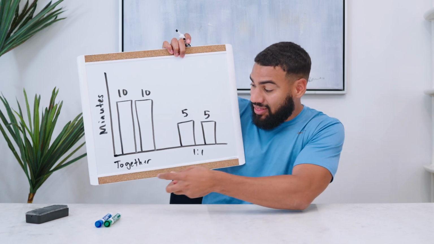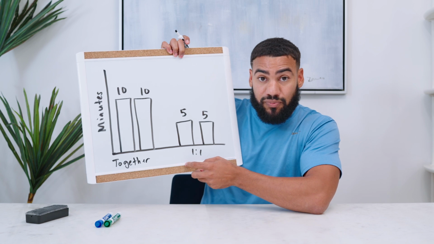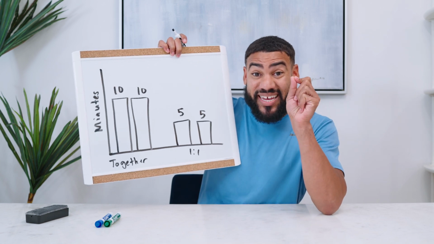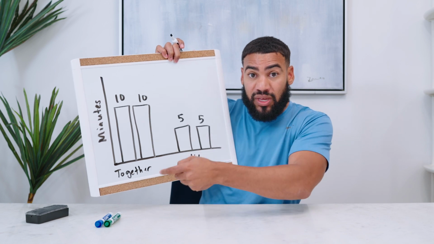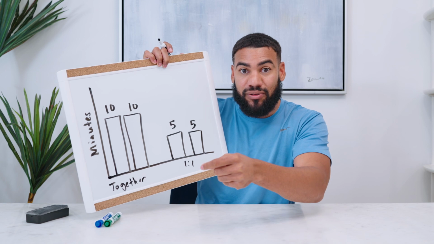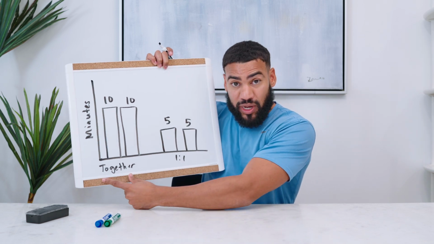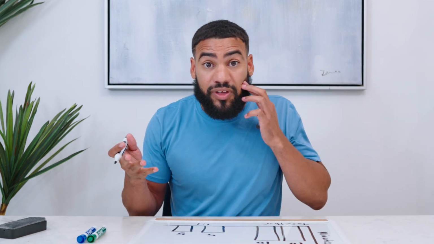Initially, it looks like together is going to be the better choice than one-on-one. But the key is not how much total time you spend, it's how much time on task for each child. So let's go back to the first situation where we teach them together. Let's say that one child is working on letter sounds and the other child is working on blending.